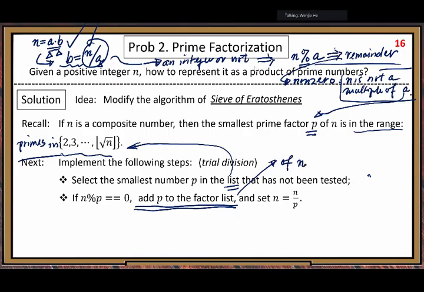So let me explain a little more. Currently what we are doing is prime factorization, right? So what is the output?